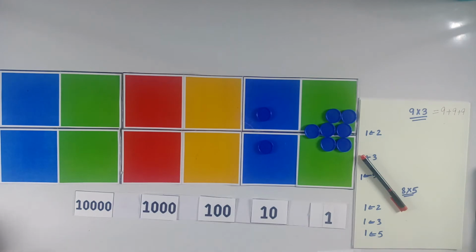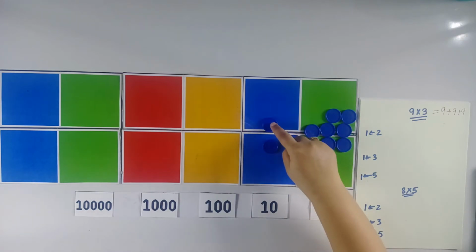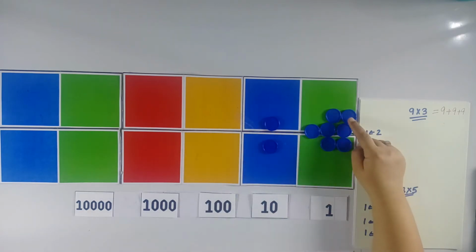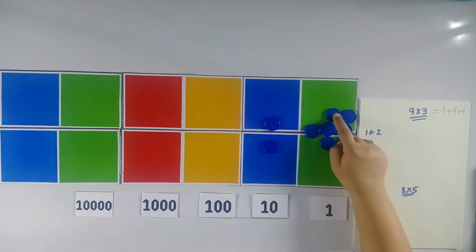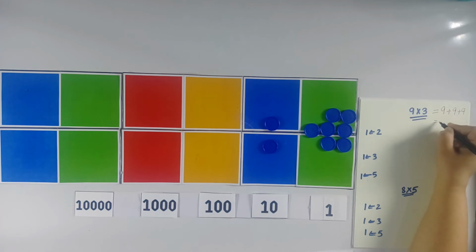And what am I left with? I am left with 2 dots of 10. So 2 dots of 10 and 1 2 3 4 5 6 7 dots of 1, which is actually 27. And I know that 9 into 3 is actually 27. Fair enough for the 10-1 machine.